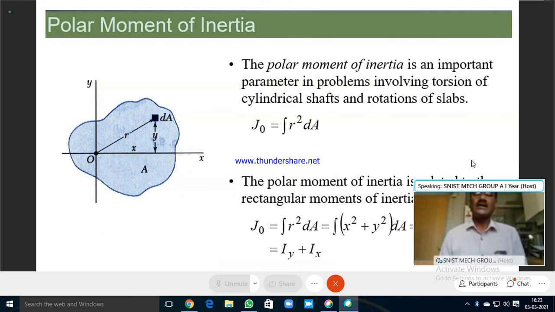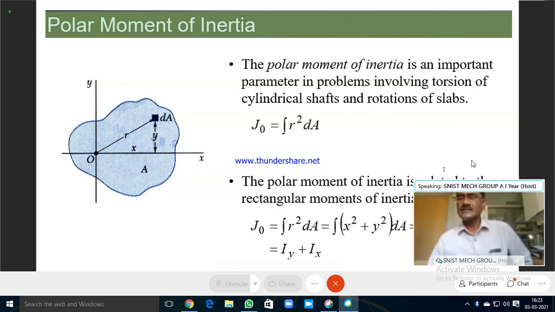Here it is not given, you please note down perpendicular axis theorem. The heading you can note down: polar moment of inertia and perpendicular axis theorem. Both are same. Polar is about the perpendicular axis, right?